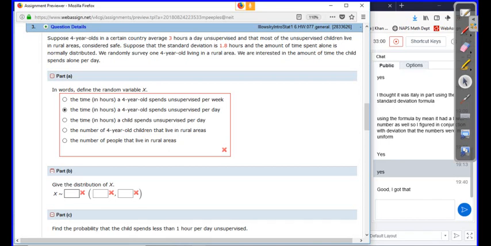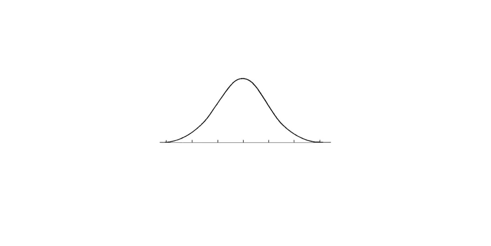So here's the way the normal distribution expression works. If we want to write a normal distribution in the proper notation, we state this: x is a normal distribution, and in parentheses we put the mean of that distribution and the standard deviation.